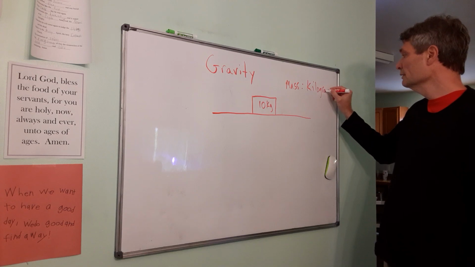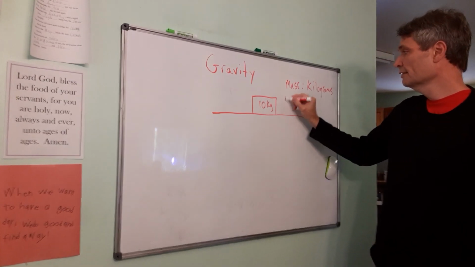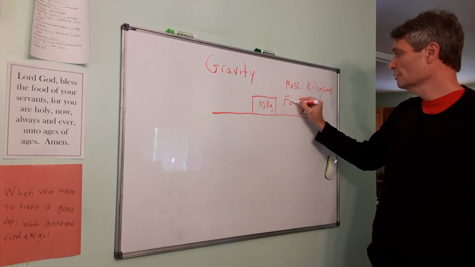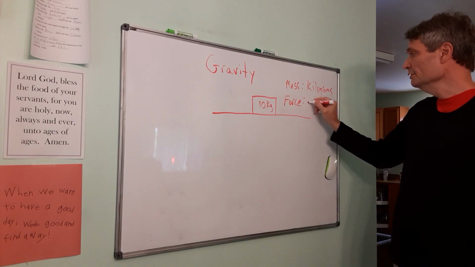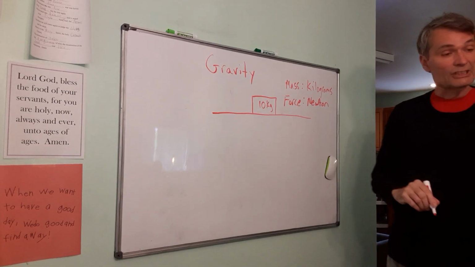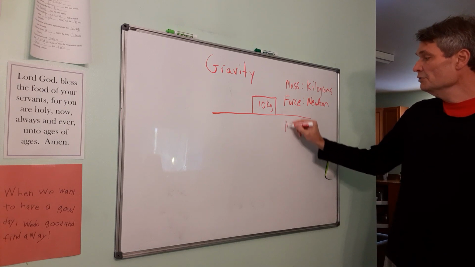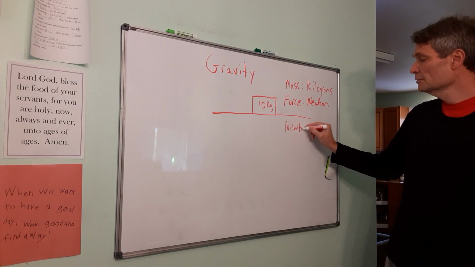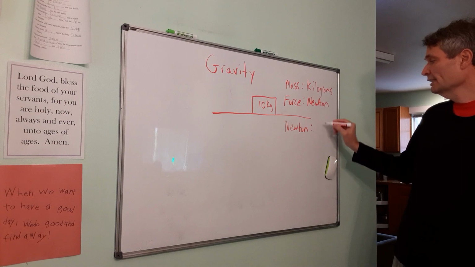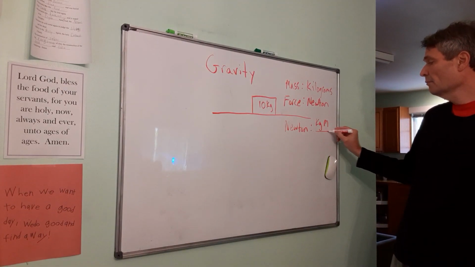Kilograms is important because our unit for force, which is the Newton, can actually be expressed in terms of other units we're more familiar with. A Newton is actually a kilogram meter per second squared.